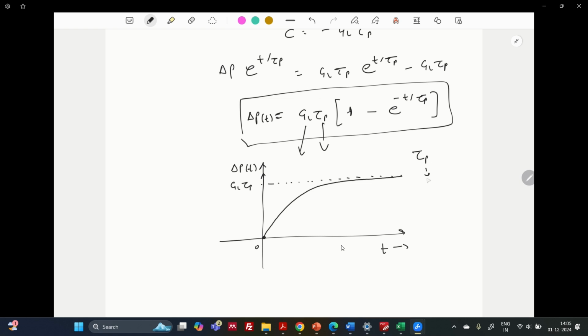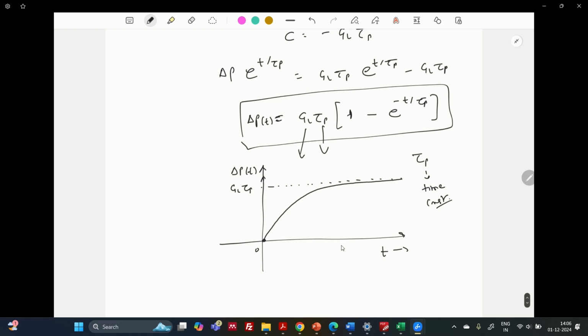Whenever you have an exponential decay or exponential rise like this, we have a time constant that will determine how fast it is achieving its final value or how fast it is decaying. So how fast it is achieving it will depend upon tau p.